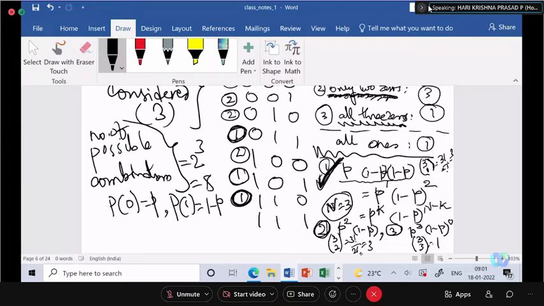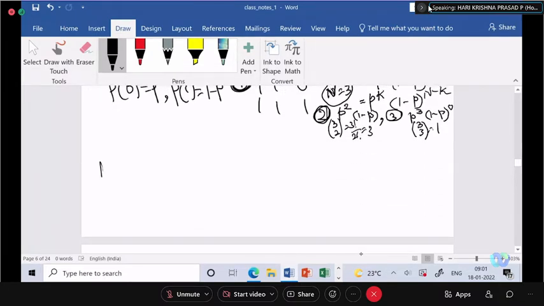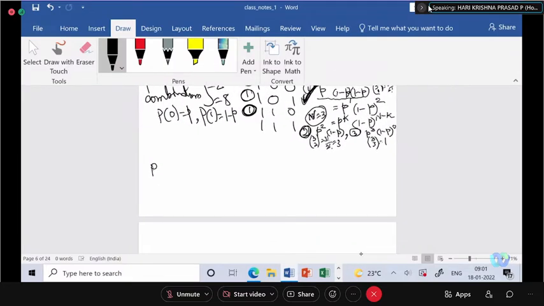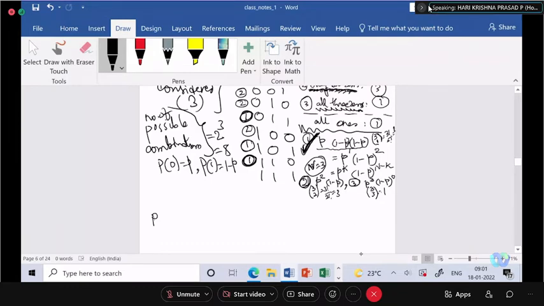Next thing is how many times that event can take place. That is indicated by nCk. So finally, what is the probability of 0 occurring only once?